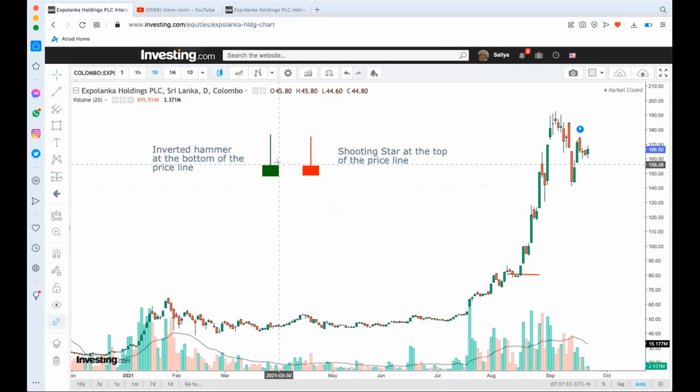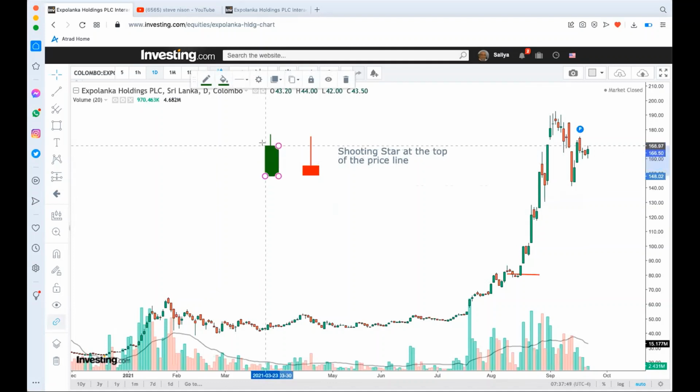Thereafter, we will be talking about the tops, rather the spinning tops. A spinning top is something like this.